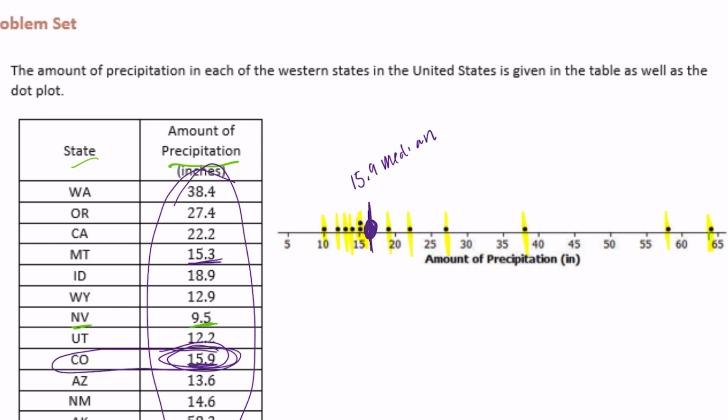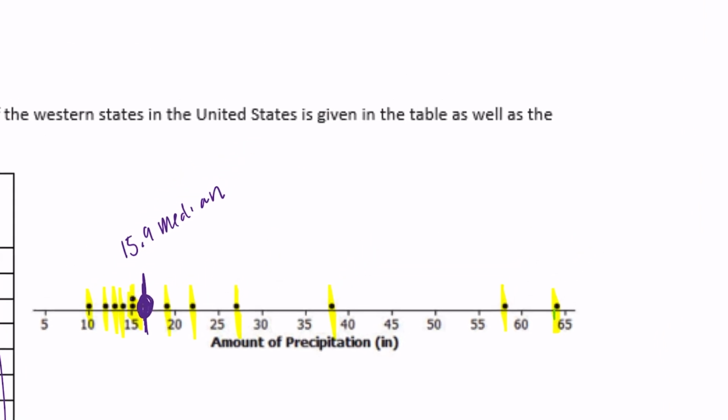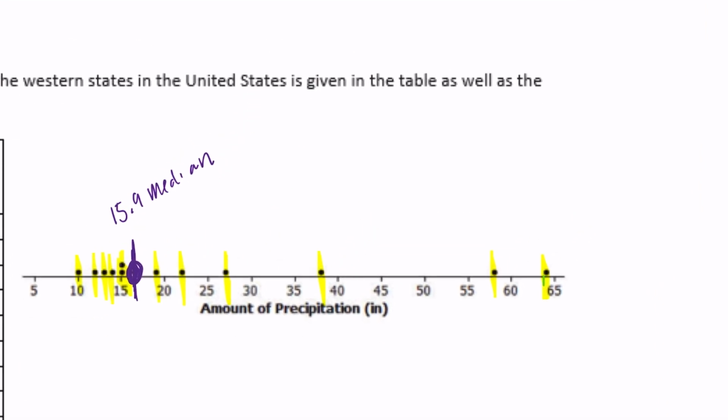Okay, so the mean, what I'm noticing is there's a lot of 10s and 11s and 12s, 13, 14, 15s, but then we have these outliers out here, like maybe that's like 57 and 63, which is really going to bring the spread this way a little bit. So I think the mean is going to be greater because we have these numbers that are pulling the average up.